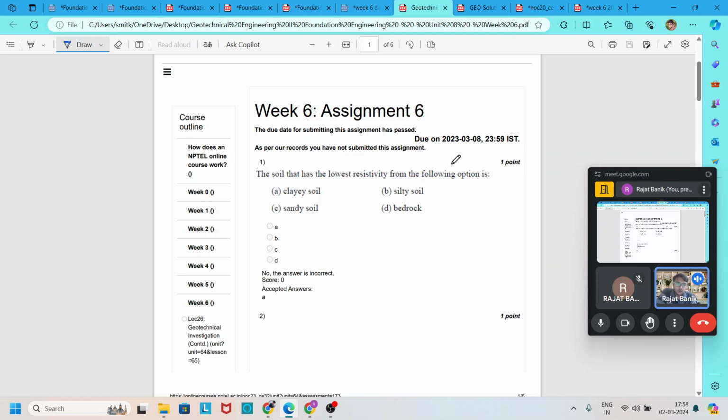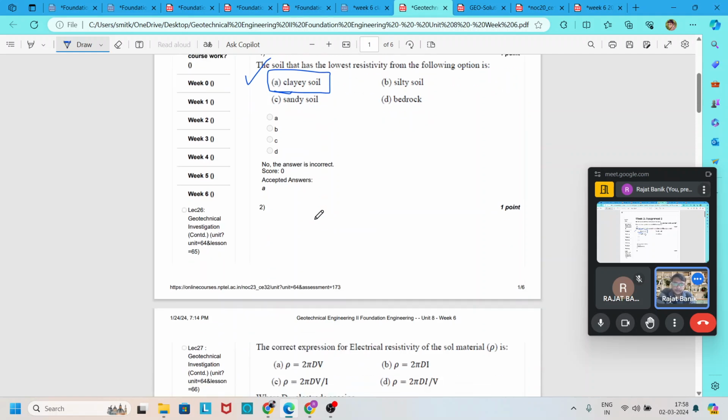So the current flow through the clay soil is very good, and the resistance of the clay soil for current is very less. So clay soil has the lowest resistivity. So the correct option is option A.